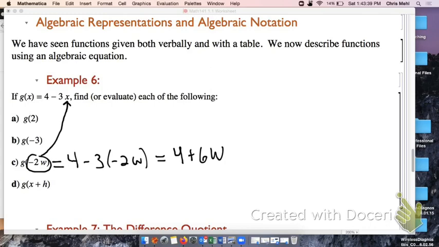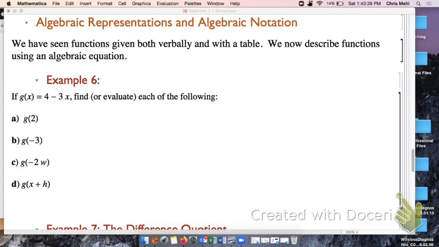Okay. Now finally the last one, this is going to come up in the next example as well. If I want to do g of x plus h, x plus h is the argument, and the way the function works is you're going to take that input, multiply by negative 3, and then add 4. Okay, so x plus h is going to go where x used to be.